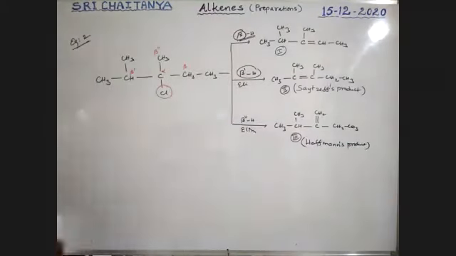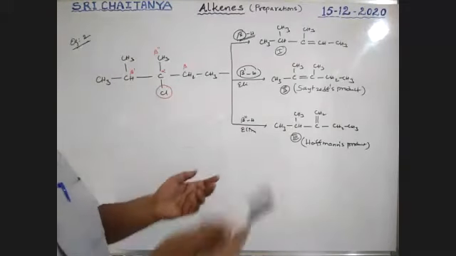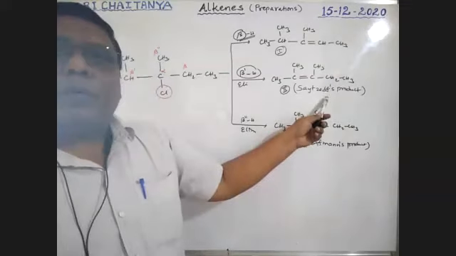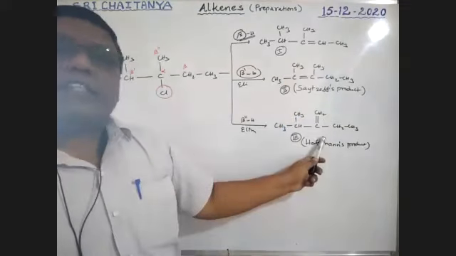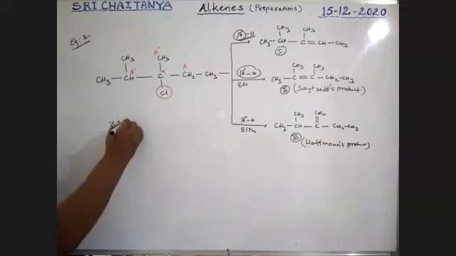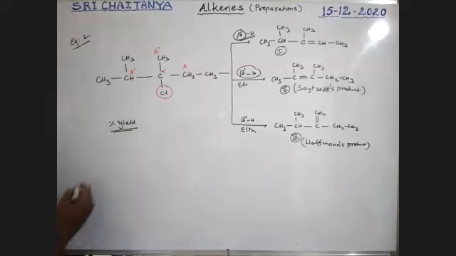As per our norms, what is the order of stability, boys? The more stable product is the more predominant one, the one with more yield. It is the most stable, it is the next stable, and it is the least stable. Therefore, what is the percentage yield of these alkenes?